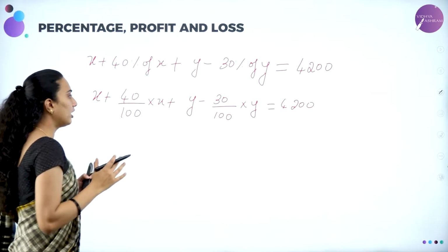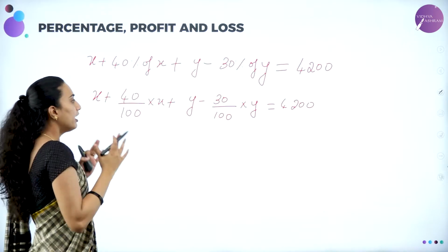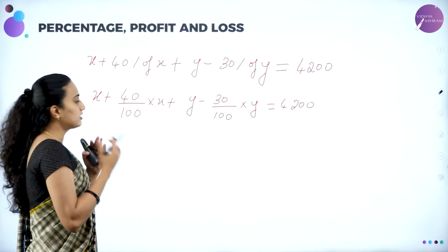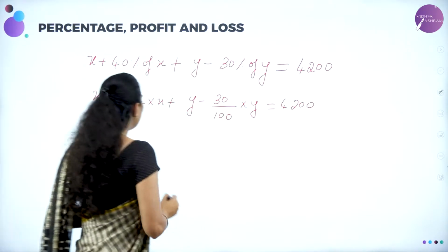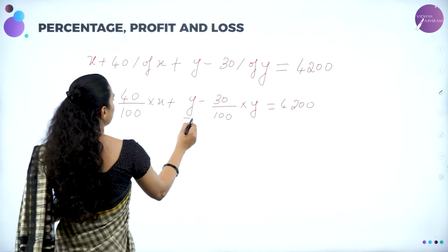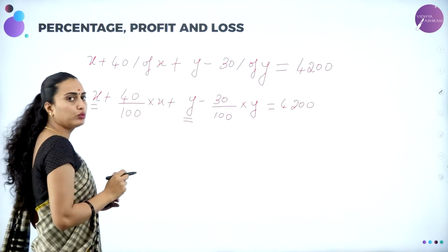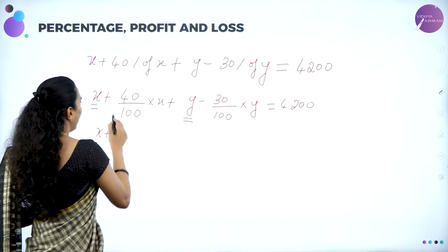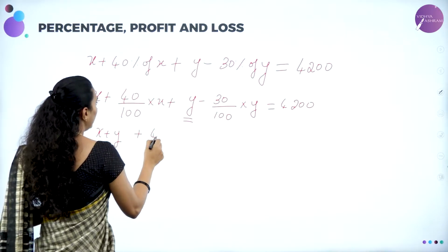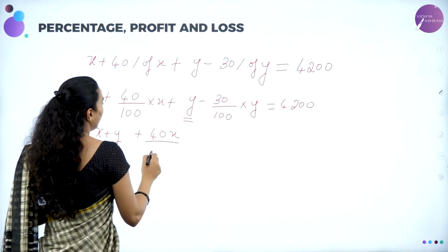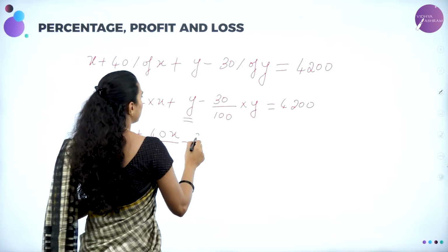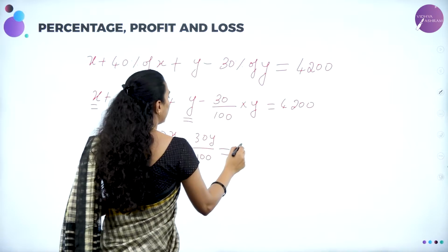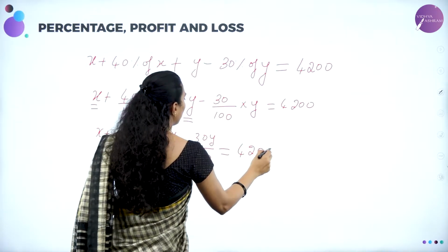Now you can take X and Y one side and X term one side, isn't it? So we can solve this by taking X plus Y as it is, because X plus Y they have given as 4,200. So X plus Y again plus 40X divided by 100 minus 30Y divided by 100, which is equals to 4,200.